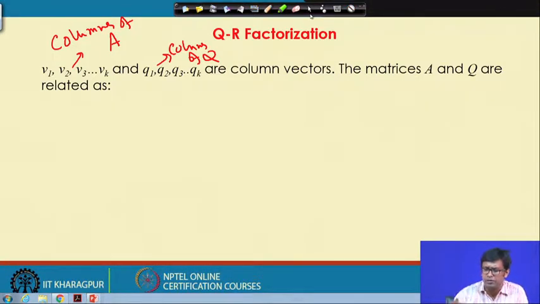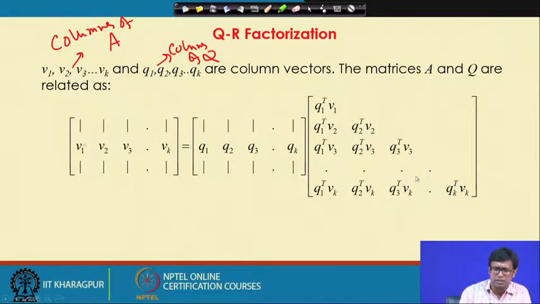So, the matrices A and Q are related as these columns V1, V2 up to Vn are combinations of the columns Q1, Q2, Q3.